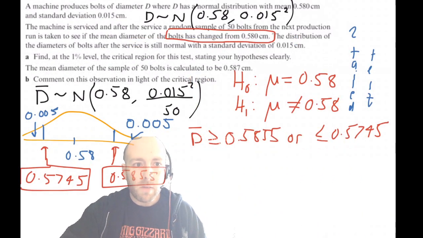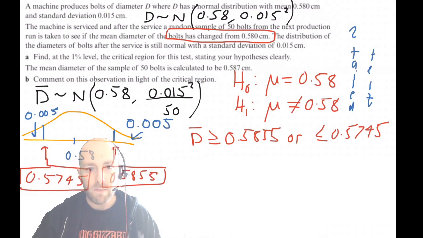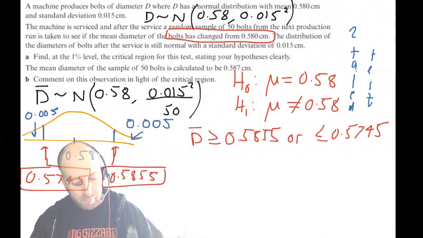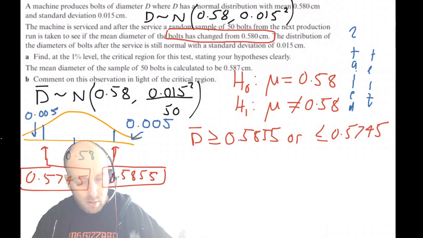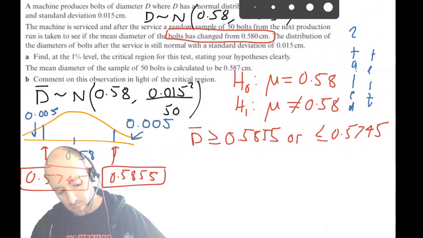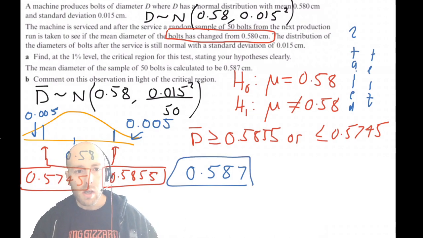All right, so if we now look back at part B of the question, the mean is calculated to be 0.587. Comment on this observation in light of the critical region. Where does that lie?